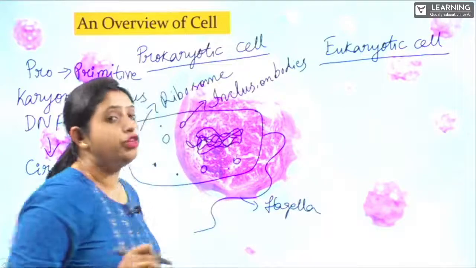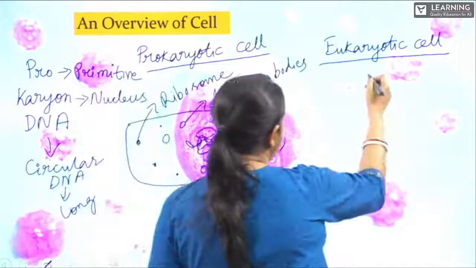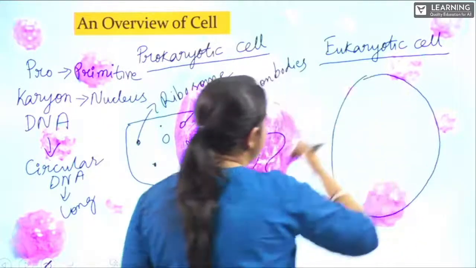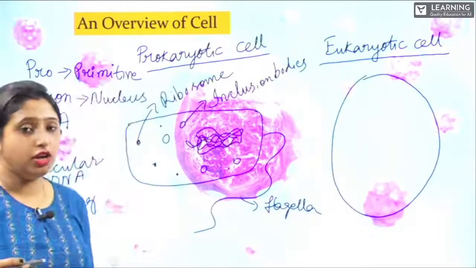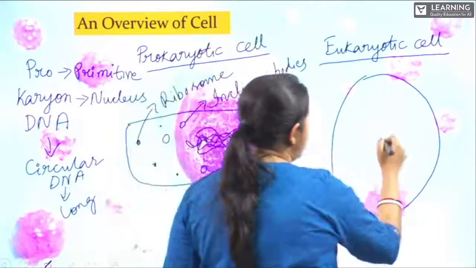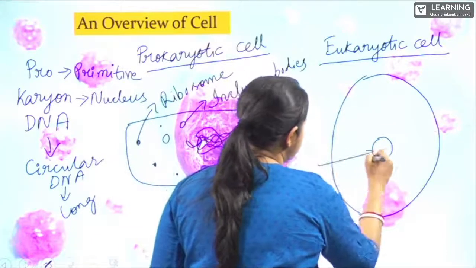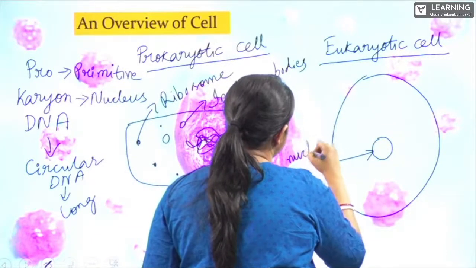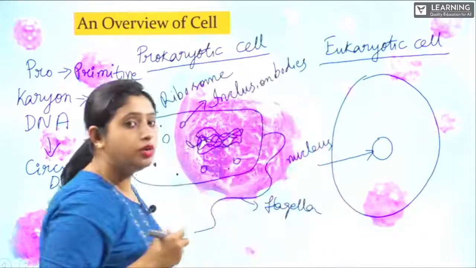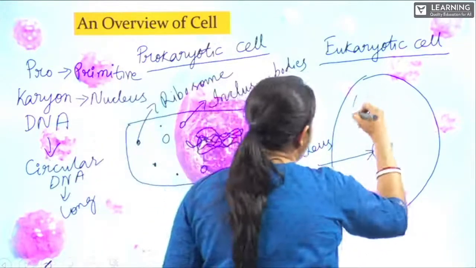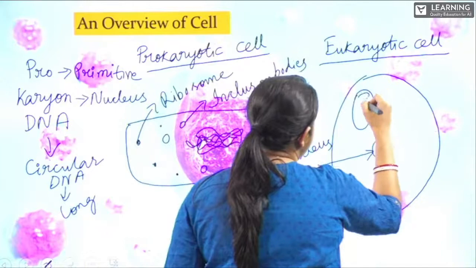But in the case of the eukaryotic cell, that is the plant cell and animal cell, all the cell organelles are present. They have a well-developed nucleus. This is the nucleus. Then they also have the mitochondria.